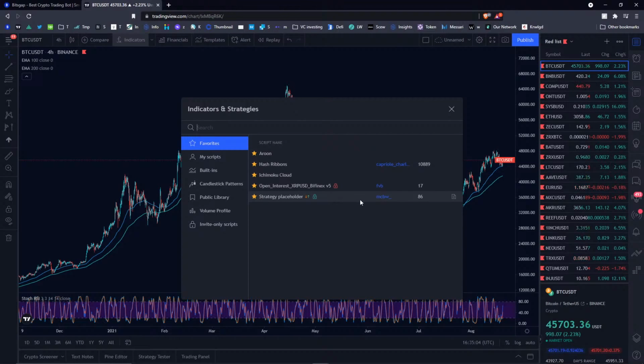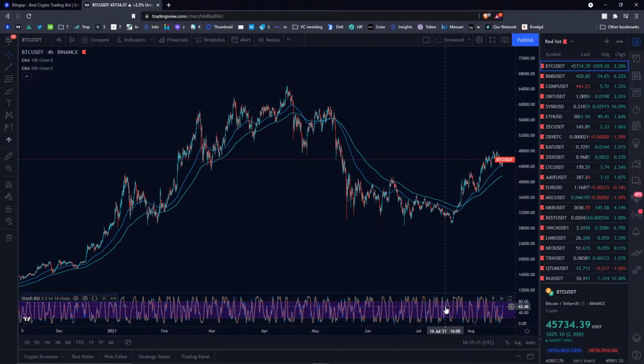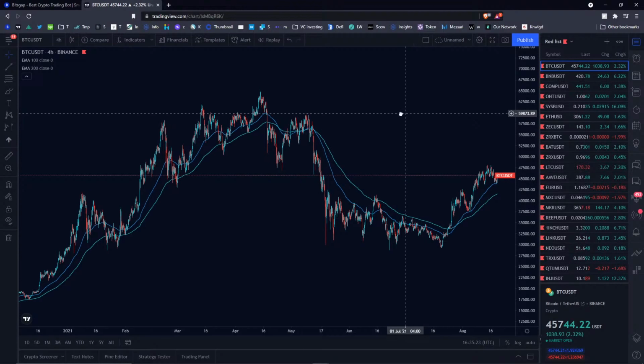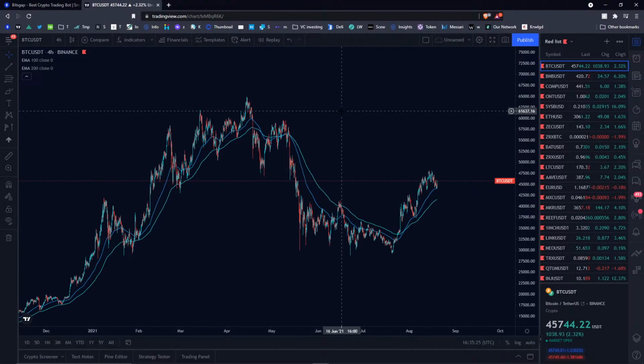Sometimes they put it for free, and once you found your ultimate indicator custom made, then you can use it. Some custom made indicators you can find in the Bitsgap blog. I think I described a few of them that I use sometimes.